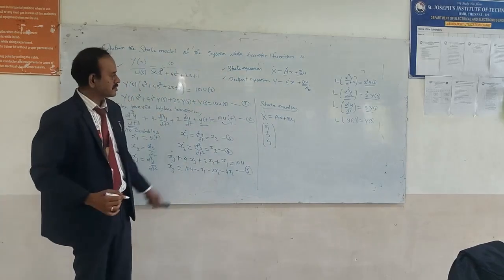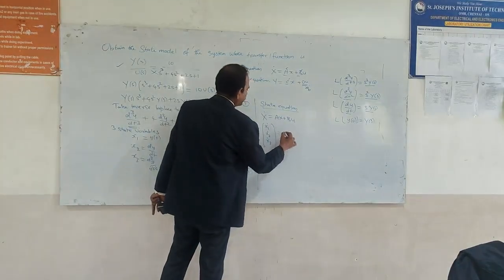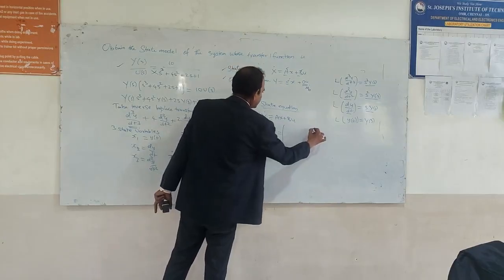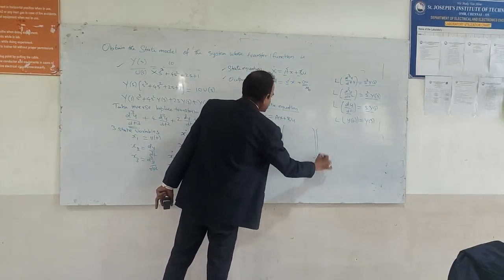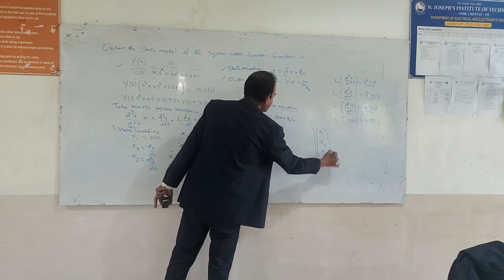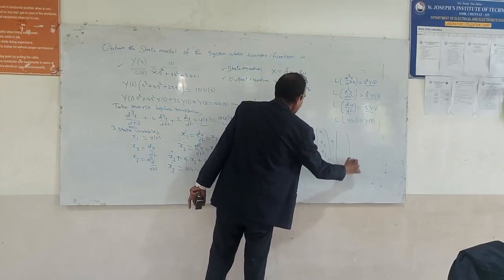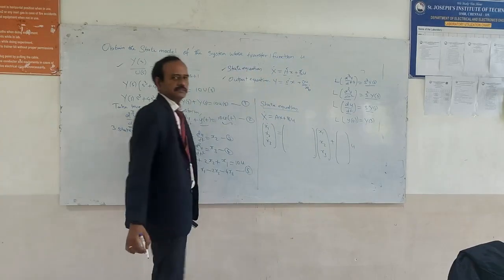Here we have three state variables x1, x2, and x3, so the A matrix is 3 cross 3, plus the B matrix is 3 cross 1 into the u matrix.